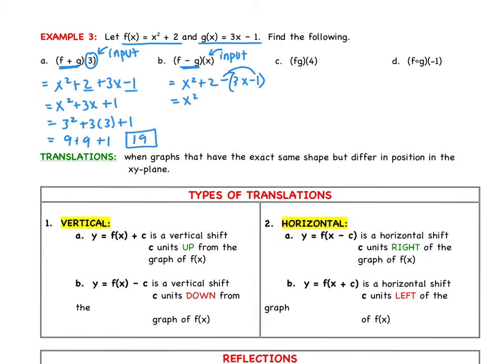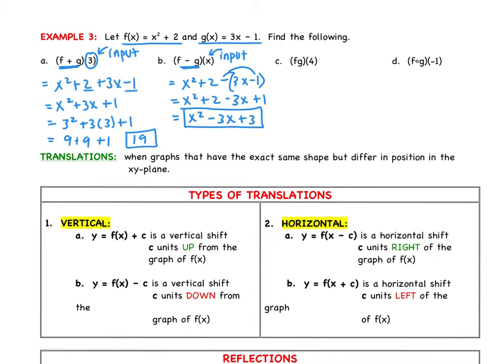So we get x squared, add 2, subtract 3x plus 1. Combining like terms and changing the order, I get x squared minus 3x, add 3. And again, our input is x, so we don't need to put anything in.